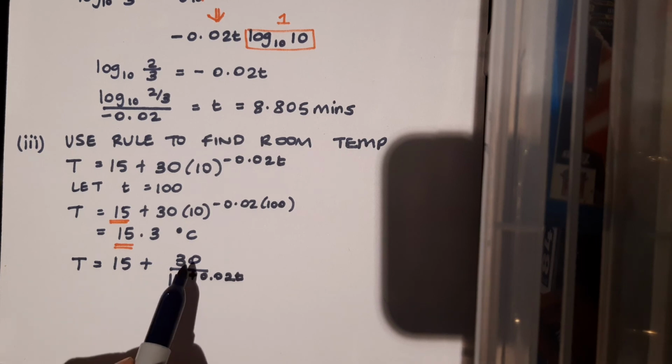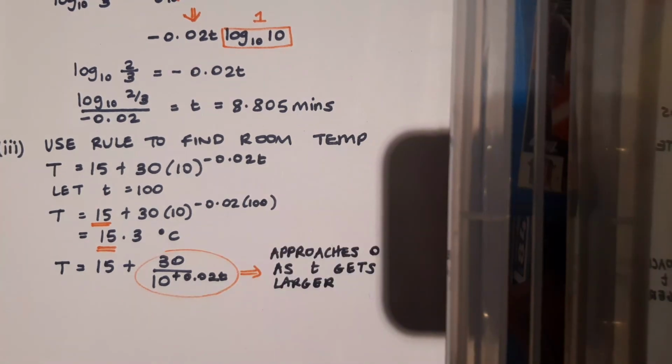So I'm dividing 30 by bigger and bigger numbers, and eventually, after an infinite amount of time, I'm basically going to have 30 over 10 to the power of infinity. A number divided by a really, really large number approaches 0. And so a better calculation for room temperature would be to say that it's actually equal to 15 degrees.